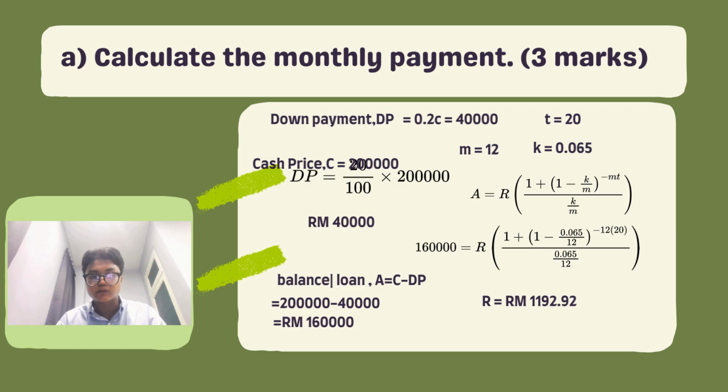Open bracket 1 plus 1 minus 0.065 over 12 to the power negative 240 bracket 200 negative 200 divided by 0.065 over 12 and the final answer we get is 42,797 ringgit 73 cents.